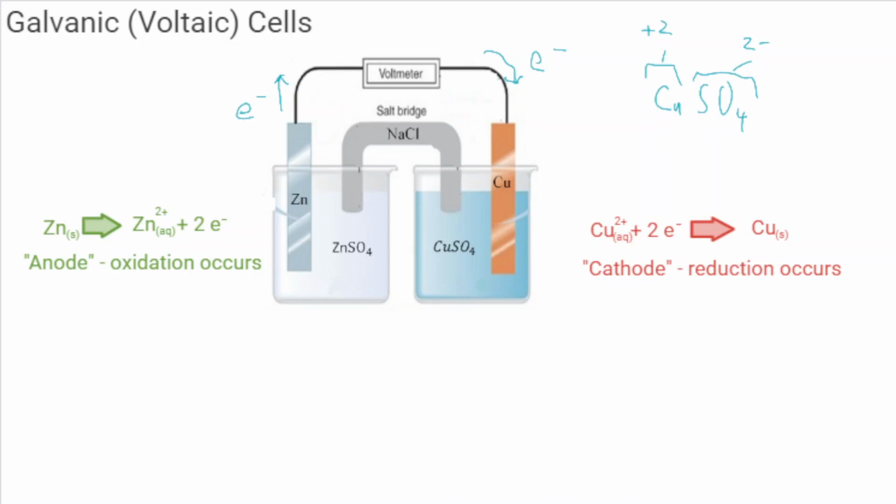Another way you could remember this is that anode starts with a vowel and oxidation starts with a vowel. This is always true. The anode is always where oxidation occurs, and the cathode starts with a consonant, and reduction starts with a consonant. And this is always true as well: the cathode is where reduction occurs.